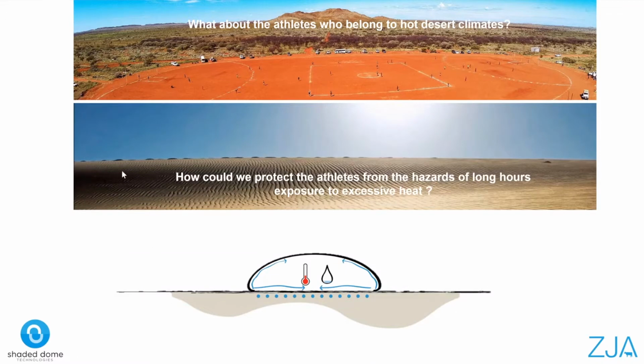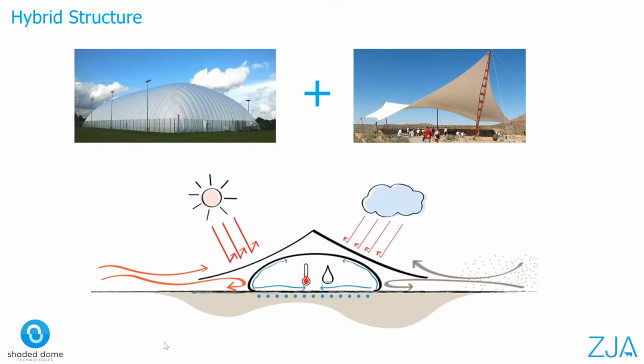It comprises an air-supported pneumatic structure, which you might have seen in your nearby tennis or football facilities. These inflatable structures offer a perfect solution when it's impossible to perform activities in the open air all year around. And then we introduce a tensile membrane structure, or a tent, on top of it.